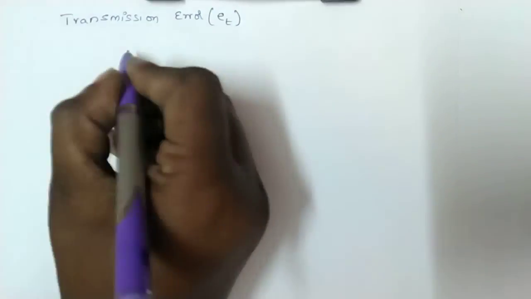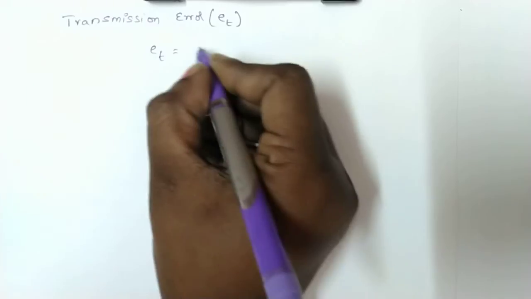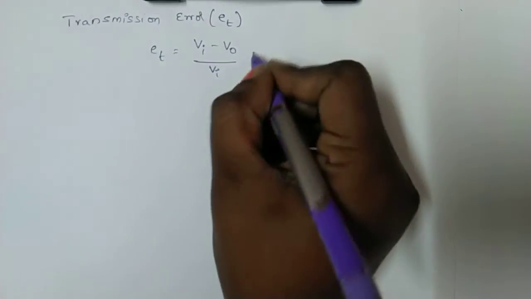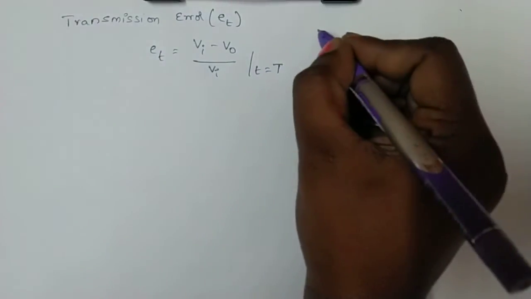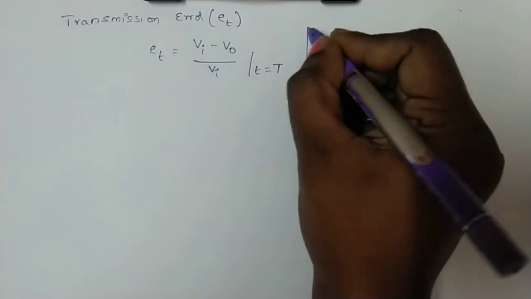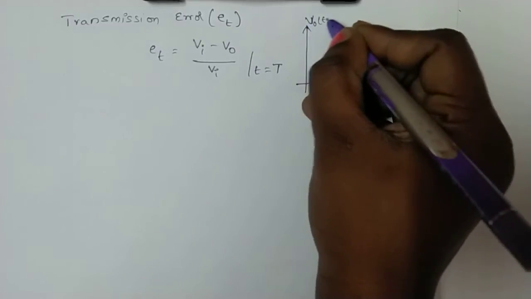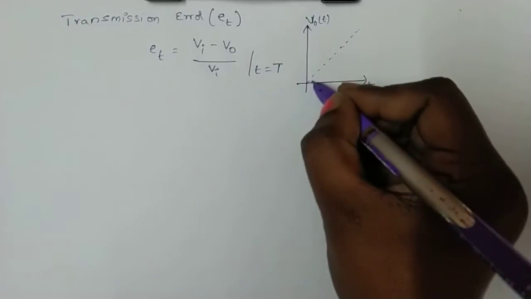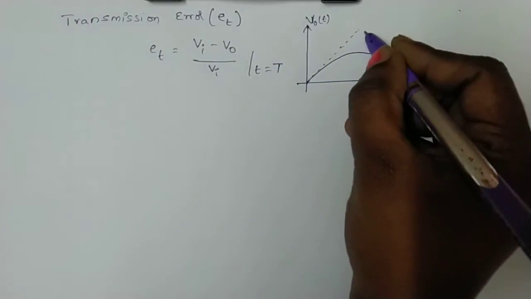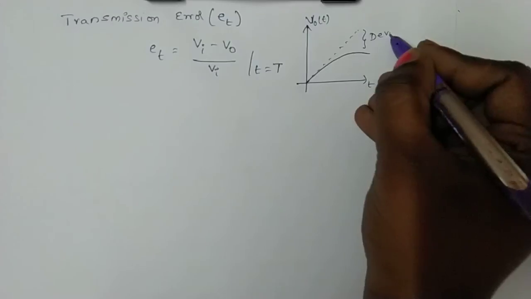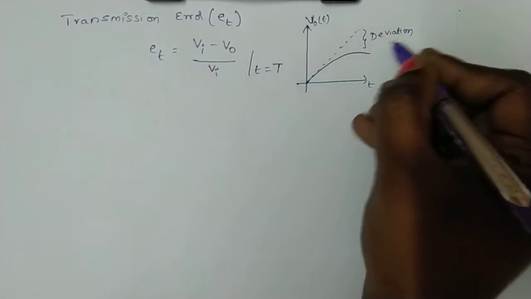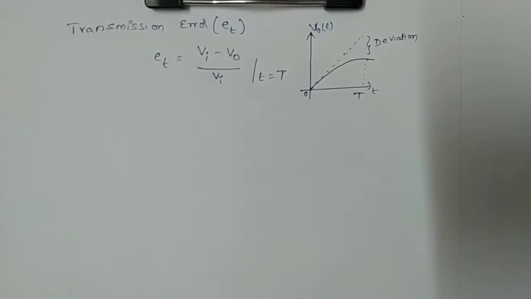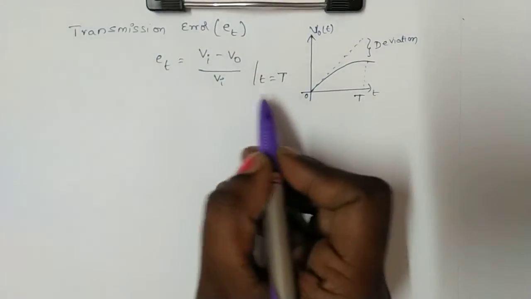The formula for ET equal to V input minus V output by V input at t equal to capital T. This is the actual input we are giving, but the output signal is appearing like this. The maximum deviation appears, and we are going to find this error at the time period T, so t equal to T.